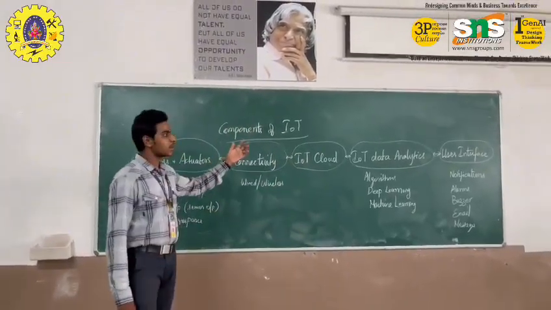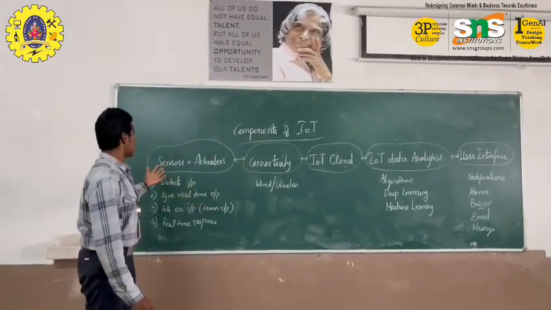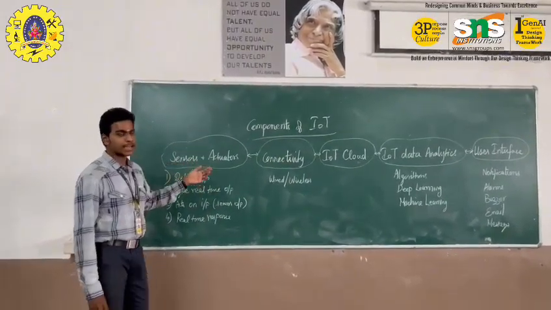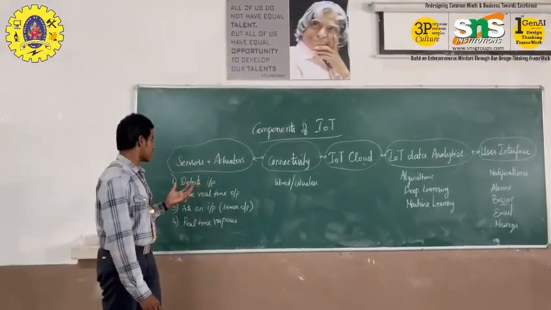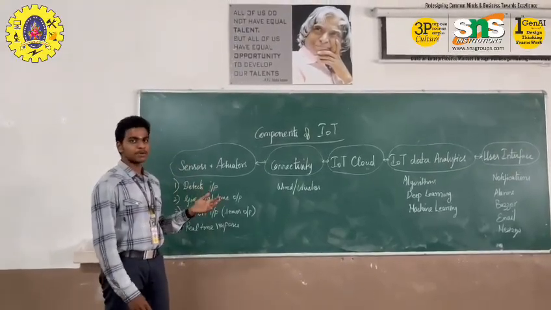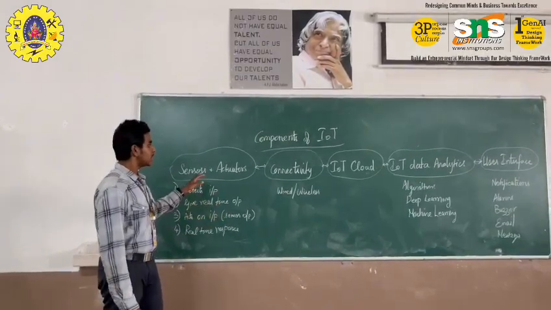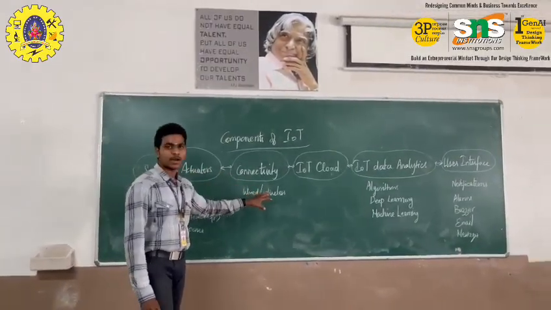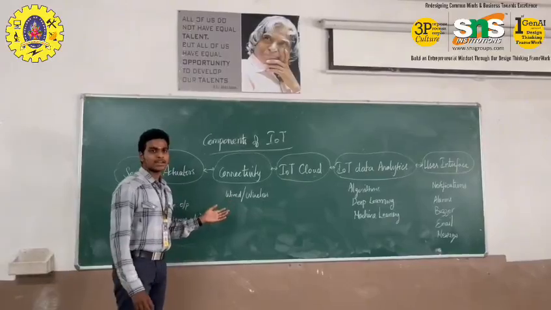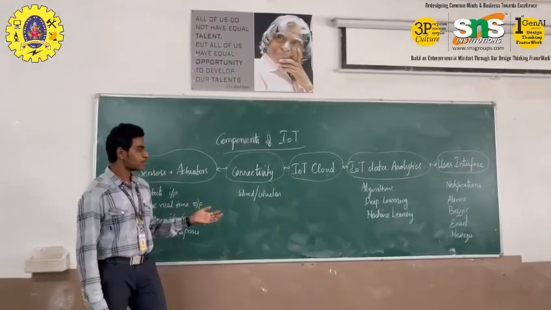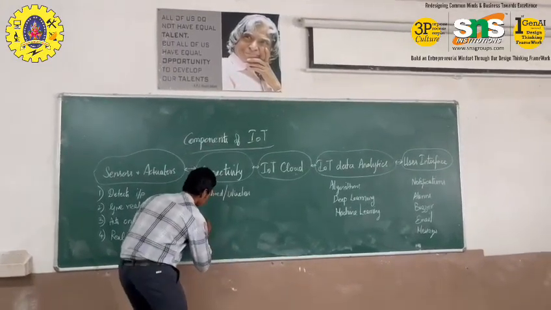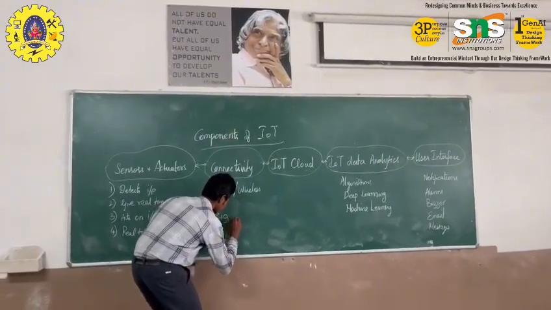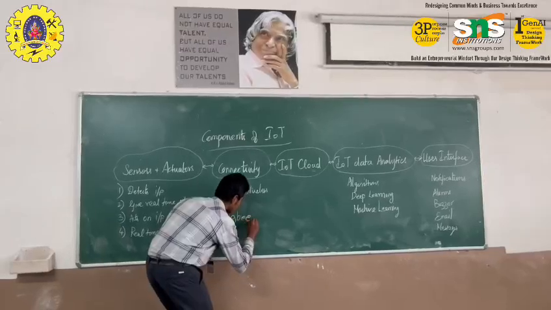Today we are seeing about the components of IoT. First it comes to sensors and actuators. The sensor gets the real-time input and gives the real-time output to the actuators. It is connected using wired or wireless. Wired through LAN, it can be IPv6 or IPv4. For wireless, an example is Zigbee communication.